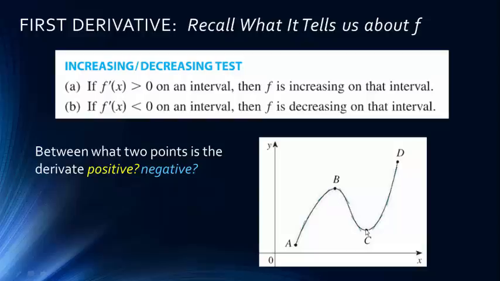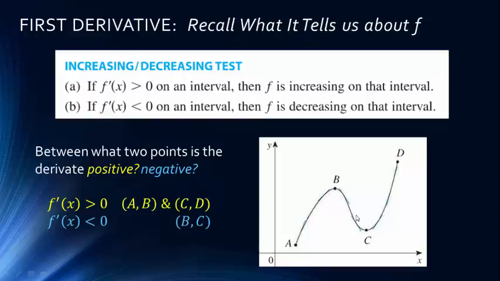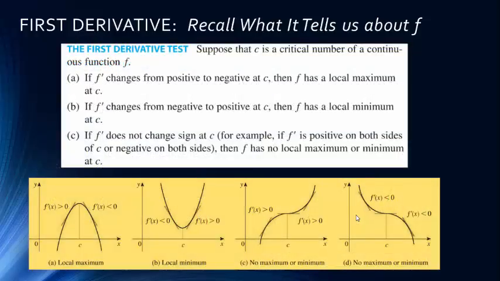But look, later on, it's also going up between c and d. So the derivative is positive both between a and b and between c and d. Between b and c, the function is going down, so our derivative would be negative. Again, this should be review, and that should be a pretty simple problem for you to see and visualize.